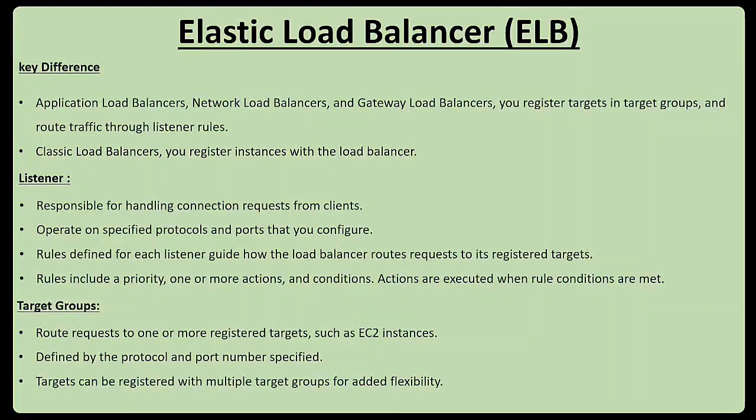Targets can be registered with multiple target groups for added flexibility. This is the difference between classic and application load balancers: listeners and target groups are available in application, network, and gateway load balancers, but not in the classic load balancer. We will see an example of a classic load balancer now.